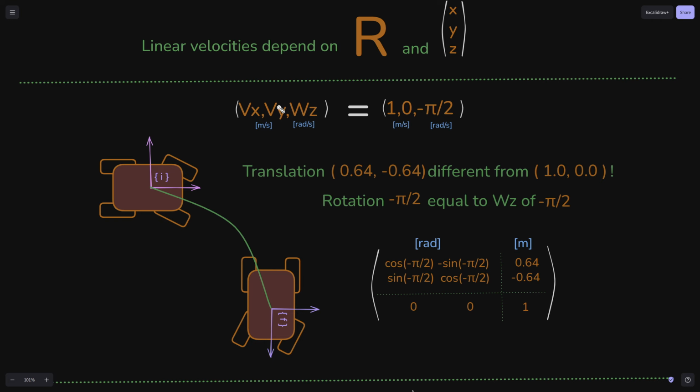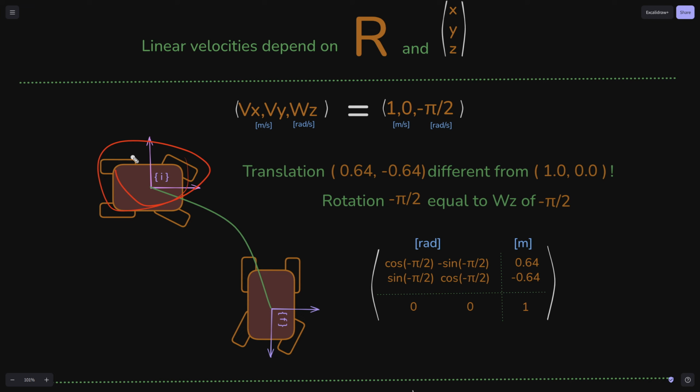Okay, let's put an example. Let's say that we have this in SE2, so this simple group in 2D, with Vx, Vy, and Wz. So 1, 0, and minus pi divided by 2 as the angular velocity. The angular velocity will be actually the radians we will rotate. So we will rotate clockwise 90 degrees.